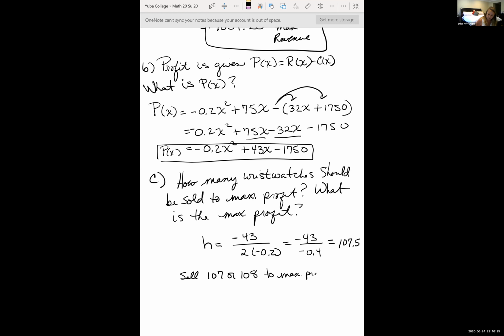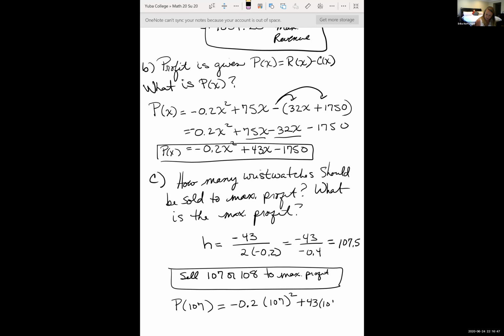And we can figure out what that maximum profit is by plugging either 107 or 108 into X. So negative 0.2 times 107 quantity squared plus 43 times 107 minus 1,750.